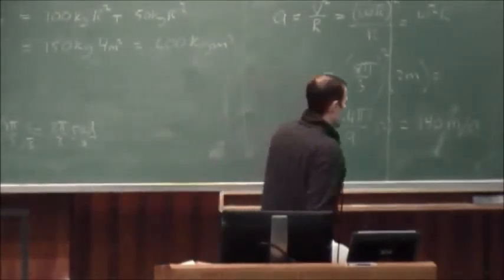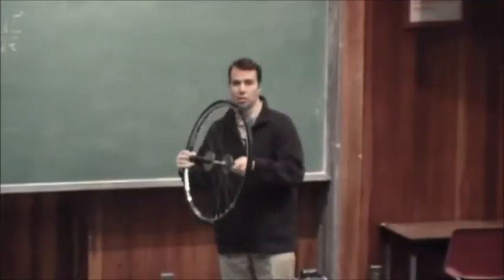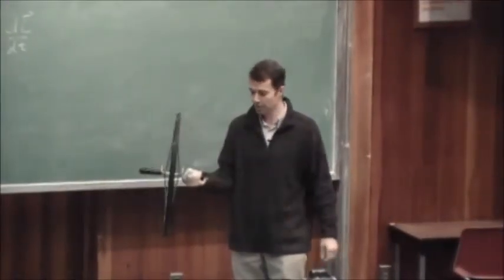Okay, so we know that tau is equal to dL/dt. Now suppose I have a situation, and it's going to be just easier for me to show this rather than to try and draw it because I don't draw well in 3 dimensions.